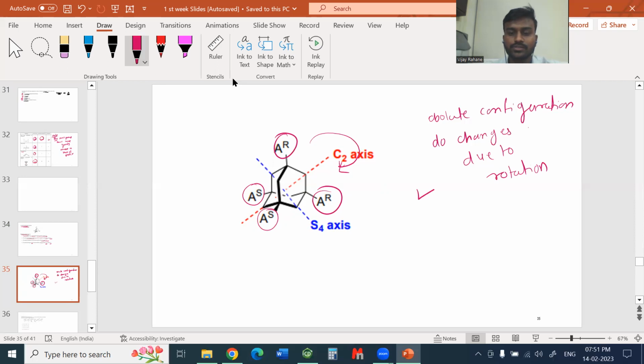So it has a C2 axis. Other axes are not possible for this molecule, and it doesn't have any plane, since the three rings are fused to each other.